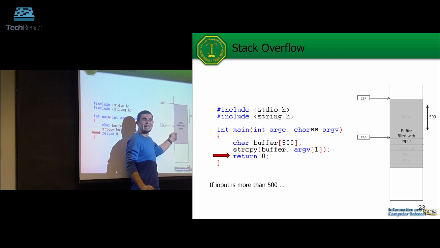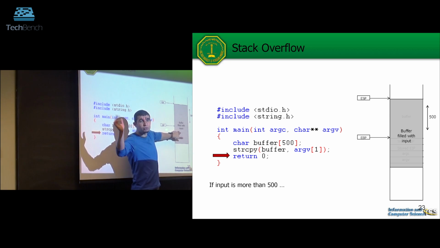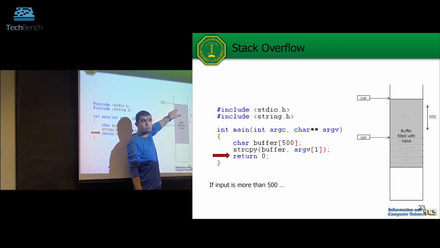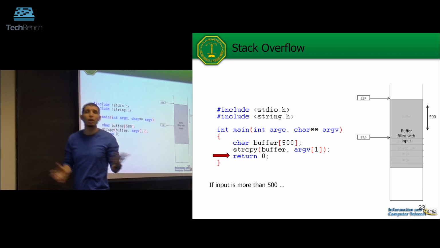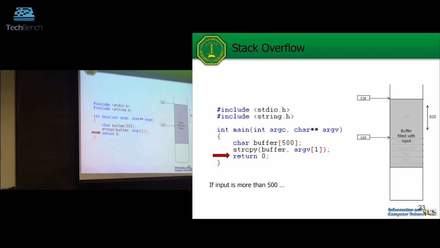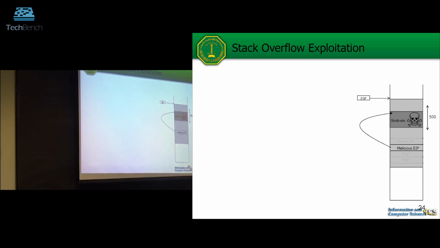You can't know exactly where that address is. So a more stable type of exploitation, since you have a lot of buffer here, 500, is to supply the malicious code in the buffer, and then instead of putting an address to jump somewhere else, you jump back to that code. Basically, you send the code and make the vulnerable program execute it.